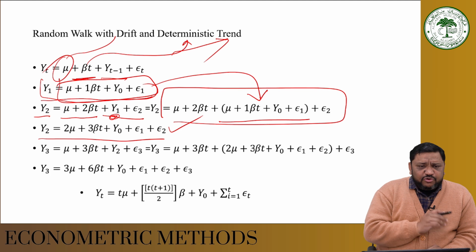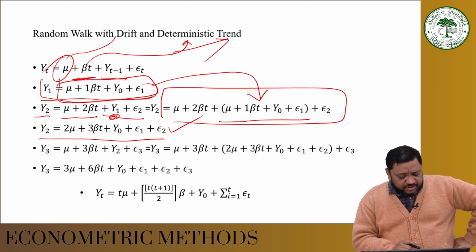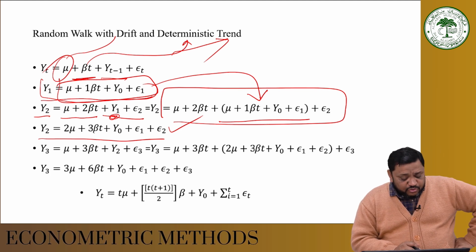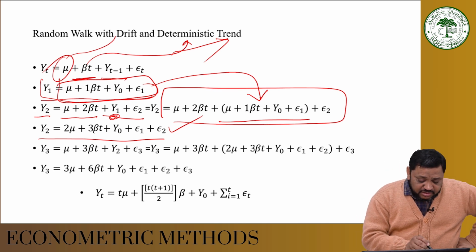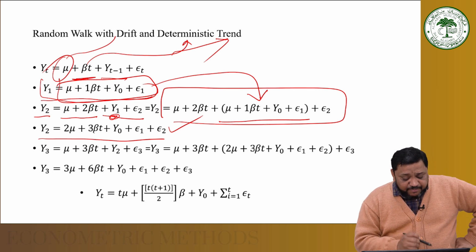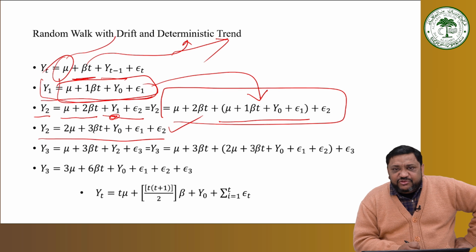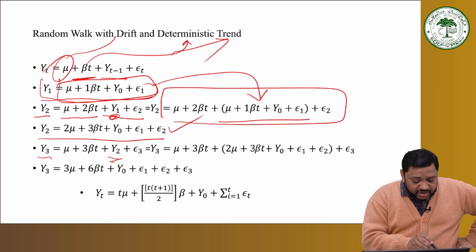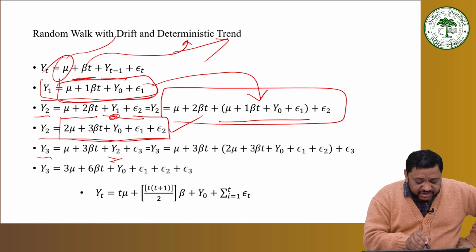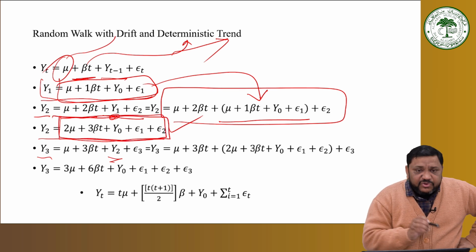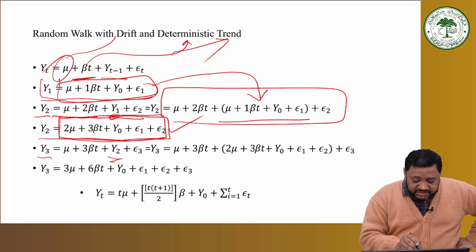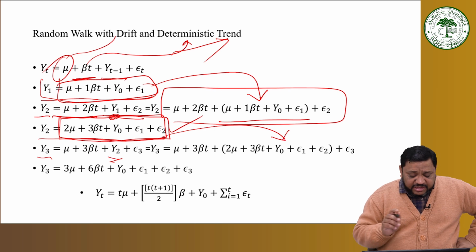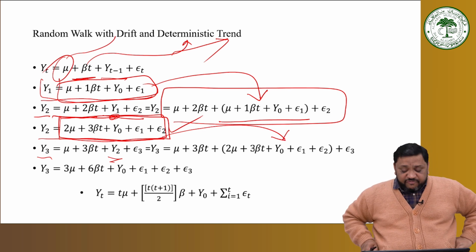Now let us find the value for y3. y3 is equal to mu plus 3bt, because of time t, plus y2 plus e3. For y3 we will have y2 over here, and the value of y2 we have just now derived. We incorporate this value in the equation of y3.